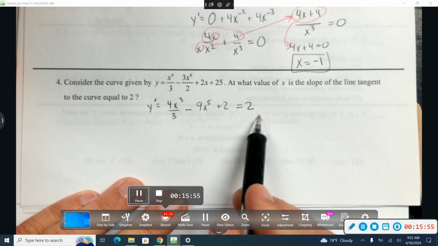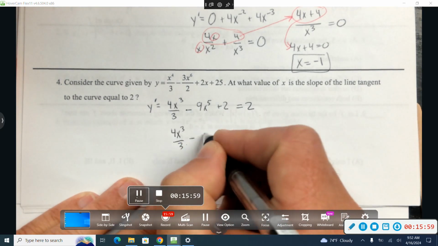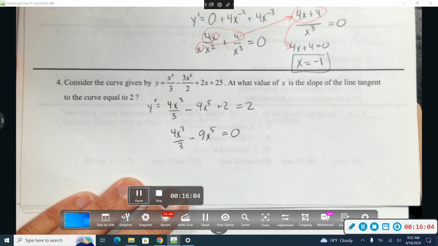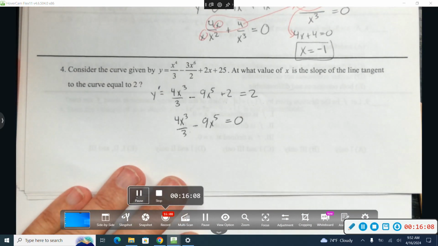If I subtract the 2, that goes away. And now I've got 4x cubed over 3 minus 9x to the 5th equals 0. So that's still not great, but it's way better than what it was. So what do you want to do to solve that? I see two things that we could do.